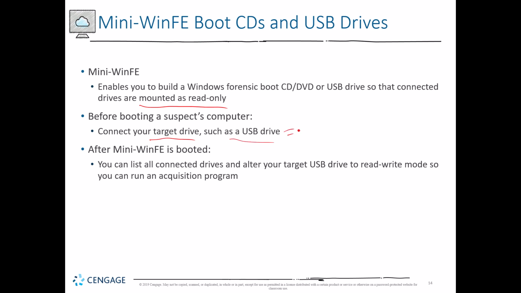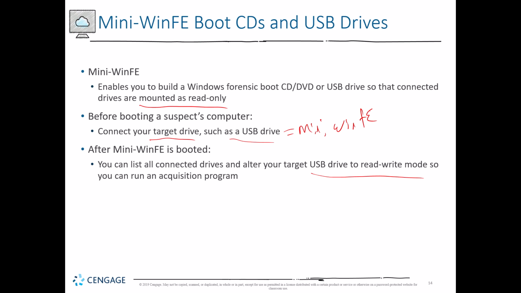That USB drive is going to be your Mini-WinFE toolset. After the toolset is loaded, it will list all the connected drives and alter your target device to read-only, and then you can start the acquisition. So there are tools out there for helping within the acquisition process.